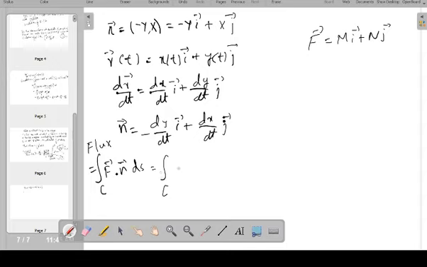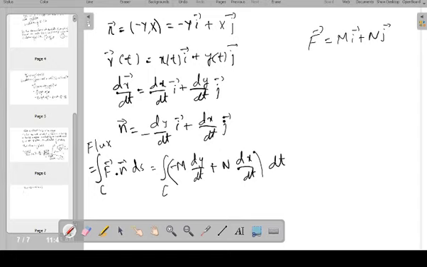So f dot n ds will be m times minus dy by dt plus n times dx by dt, times dt, integral from a to b.